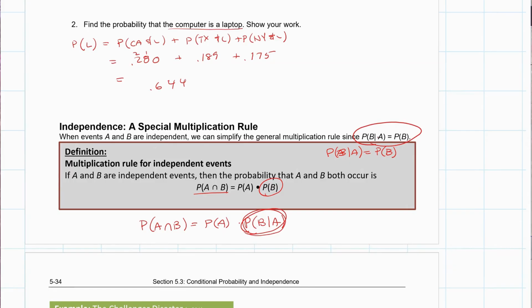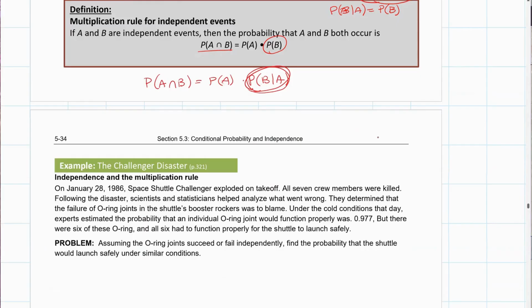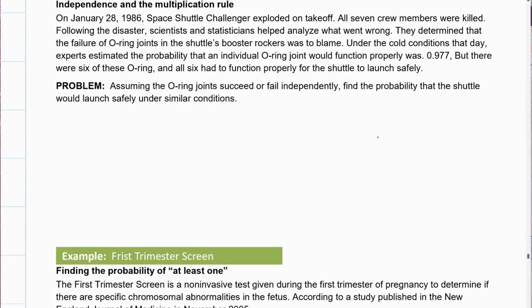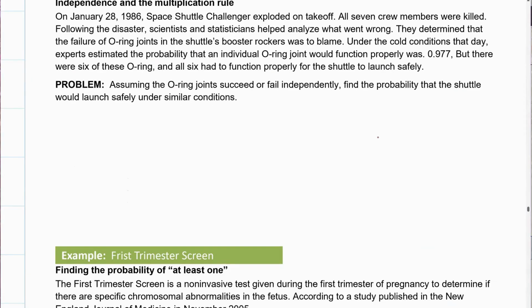Very important stuff. On January 28th, 1986, the Space Shuttle Challenger exploded on takeoff. All seven crew members were killed. Following the disaster, scientists and statisticians helped analyze what went wrong. They determined that the failure of O-ring joints in the shuttle's booster rockets were to blame.